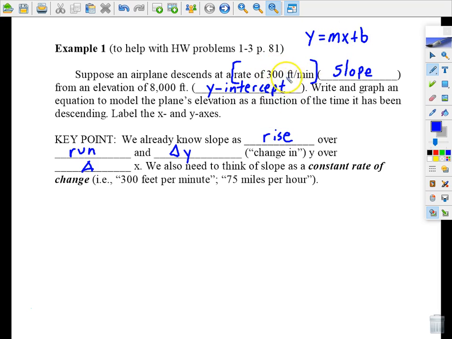The only trick, the thing to be careful about, is to read carefully: is your object or person going up, making it a positive slope, or going down, making it a negative slope? And once you've identified slope, they're always going to give you two numbers in this case. The other number, the starting point, will represent the Y-intercept.